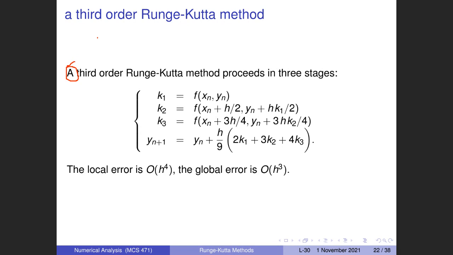That already gives us a good global error. We may expect 6 decimal places if h is 1/100, that is, if h is 0.01.